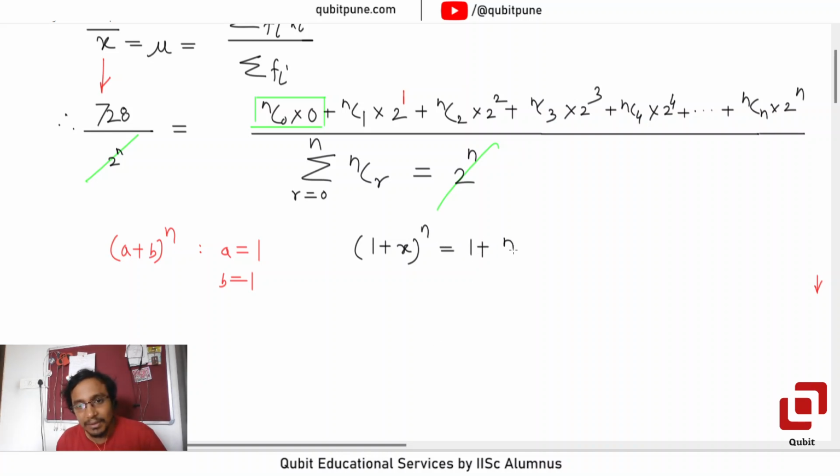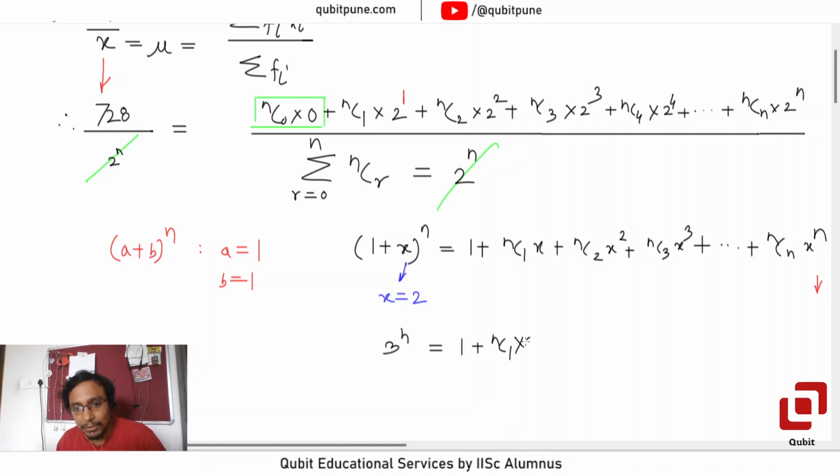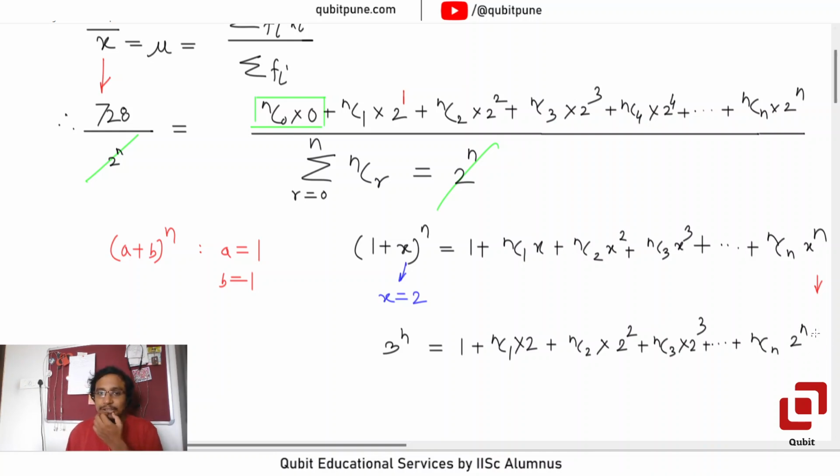It will be 1 plus nC1 into x plus nC2 into x squared plus nC3 into x cubed plus ncn into x raised to n. अगर हमने x को 2 डाला, what are we getting? 3 raised to n equals 1 plus nC1 into 2 plus nC2 into 2 squared plus nC3 into 2 cubed up to nCn into 2 raised to n. Have you understood this? Yes, sir.